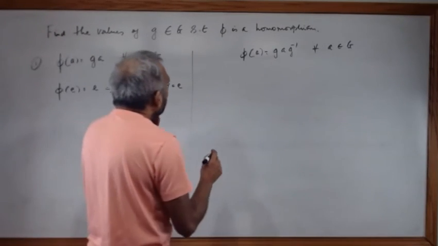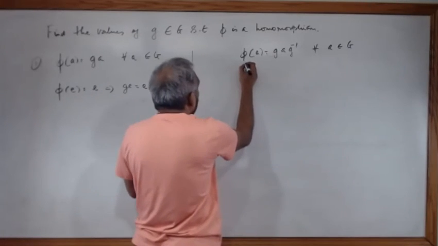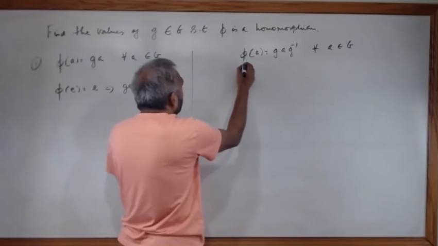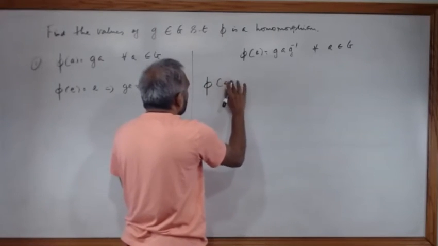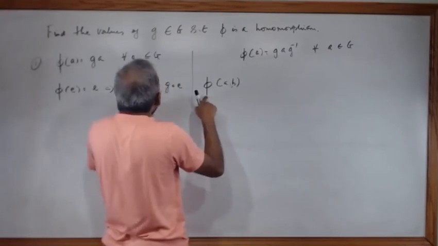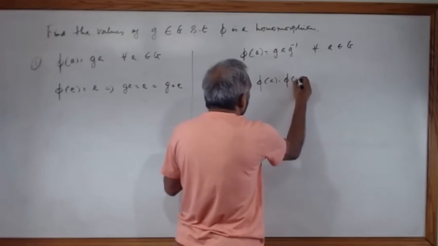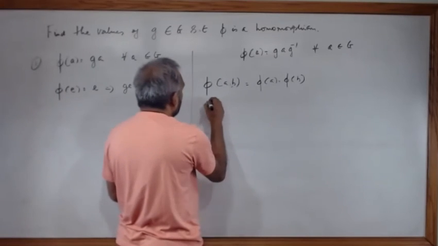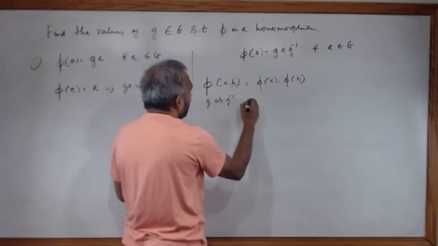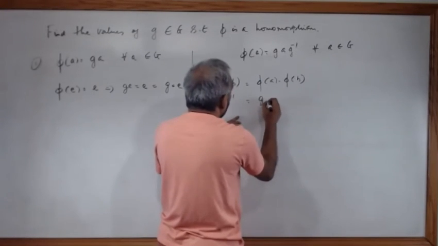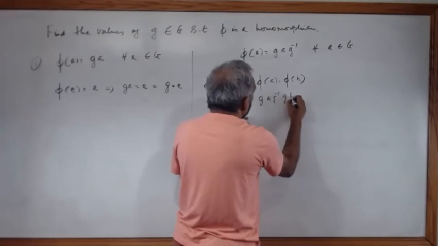Here, if you want this, you are taking a different property. We'll take two elements from here. Phi of ab, if phi needs to be a homomorphism, this has to be phi of a times phi of b. Phi of ab is what? g ab g inverse by definition. And this is actually g a g inverse g b g inverse.